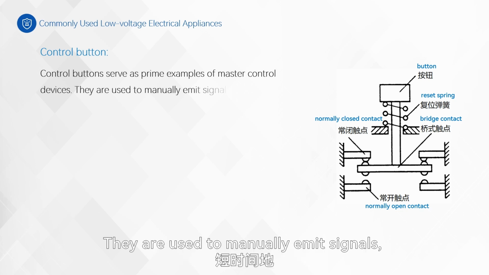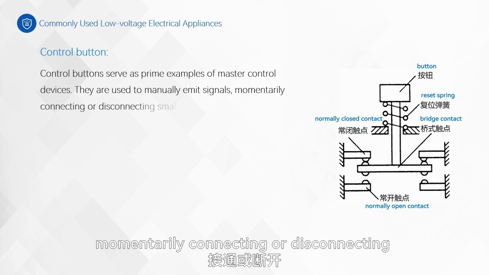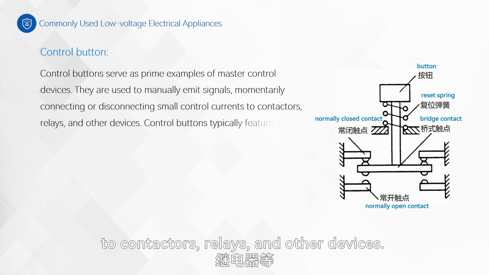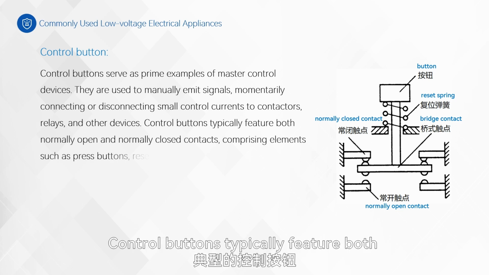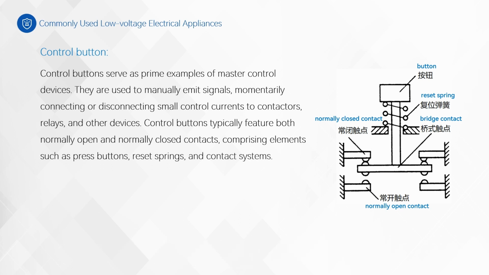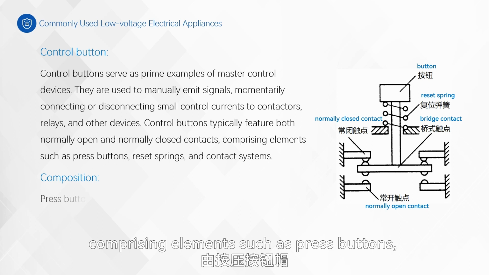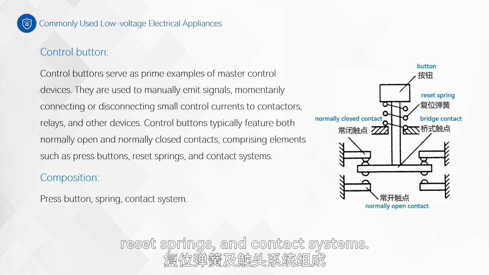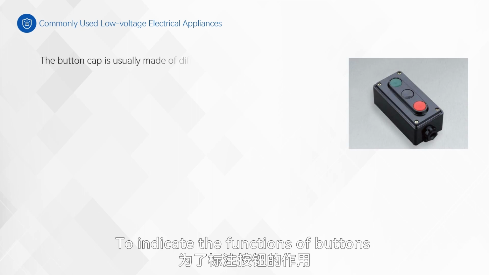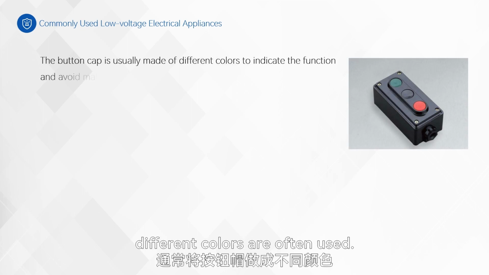Control buttons serve as prime examples of master control devices. They are used to manually emit signals, momentarily connecting or disconnecting small control currents to contactors, relays, and other devices. Control buttons typically feature both normally open and normally closed contacts, comprising elements such as press buttons, reset springs, and contact systems. To indicate the functions of buttons and prevent misoperation, different colors are often used.